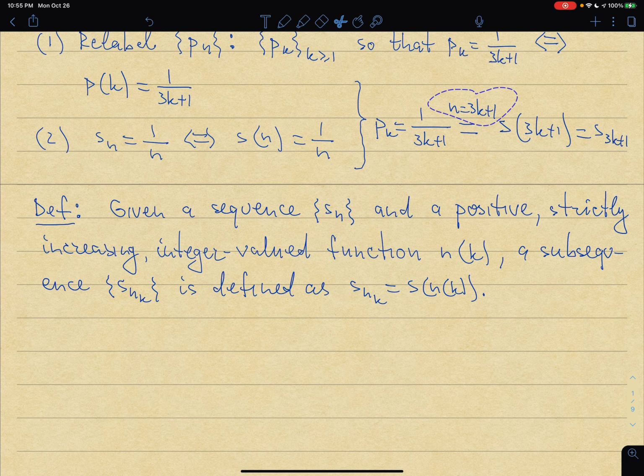Why do I want this function to be strictly increasing? Because I want to extract elements from my sequence in the same order as they were in the sequence originally.